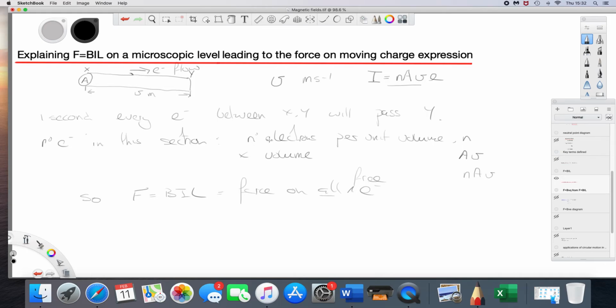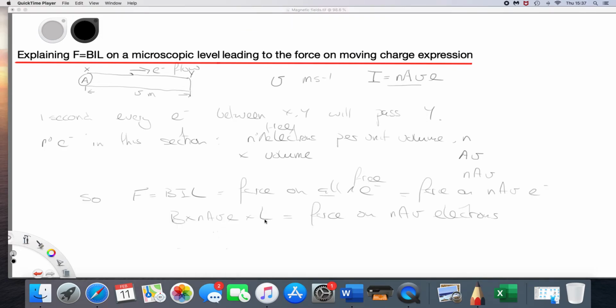And this, of course, is number of free electrons. So that is the force on nAv electrons.